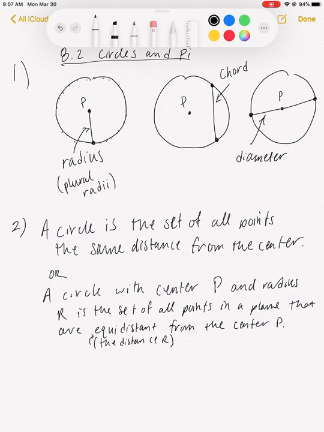Those are more technical definitions, but I like this one the best, just to keep it simple.